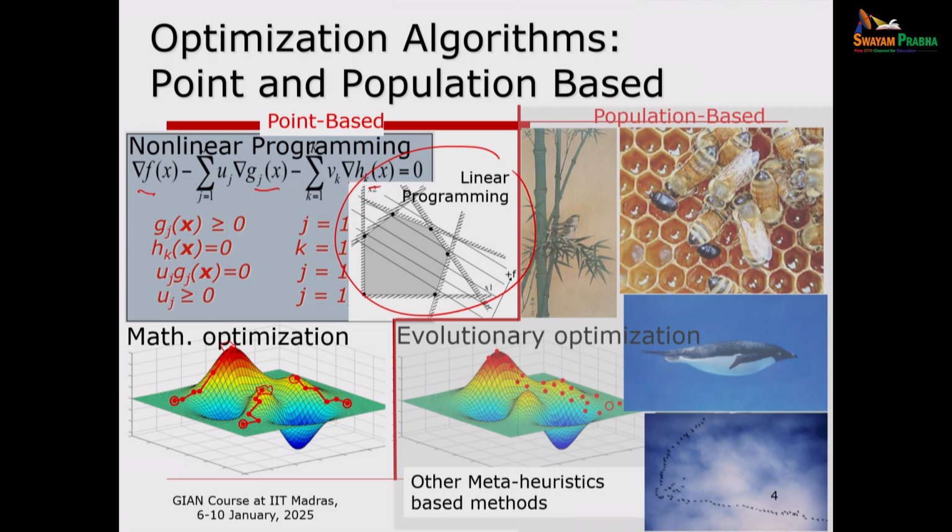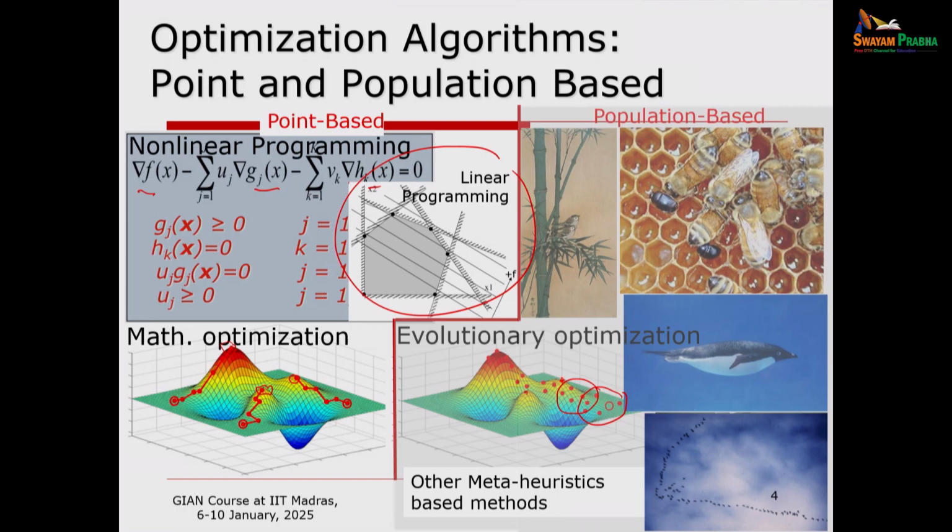But these population-based methods are very difficult to do math on, because now we are dealing with a number of points. Maybe these are the points you start with, and the algorithm then suggests another set of points. Maybe there are some overlapping points. So they move in populations. I will show you a simulation of how it moves. Because they are dealing with a set of points, it's difficult to get stuck in a local optimum like this.